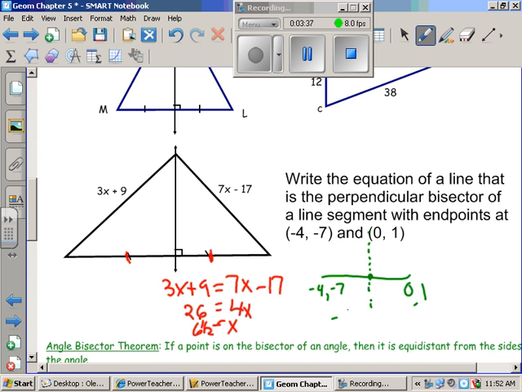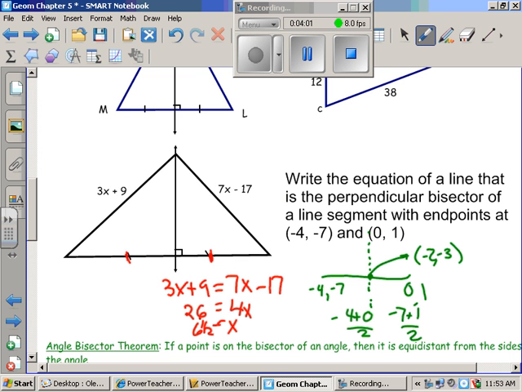So the midpoint is going to be -4 plus 0 divided by 2 and -7 plus 1 divided by 2. That gives -4 divided by 2, which is -2, and -6 divided by 2, which is -3. So this point is at (-2, -3).